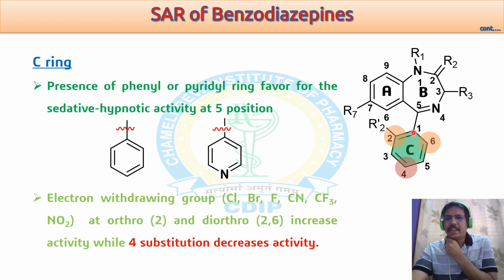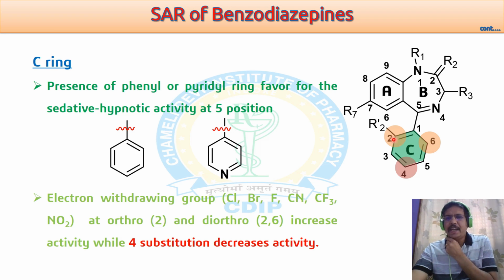But on this 5th position we can also go for heteroaromatic substitutions like pyridine, and in those conditions the activity is retained or they favor hypnotic sedative activity. Apart from that, when we incorporate the phenyl group, new areas are generated where we can go for modification: the 2, 3, 4, 5 and 6 positions.